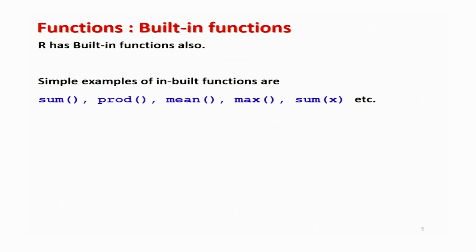So, now we have two options: we can write our own functions or we can use the built-in functions also. Built-in functions, for example, that you have read, were like sum, product, mean, maximum, etc. These built-in functions are also functions which were written by someone else, and they have been given a name, which we see as the name of the built-in function. Somebody wrote the program for the sum and gave it the name sum, someone wrote the function for finding the product and it was given the name prod, and so on.